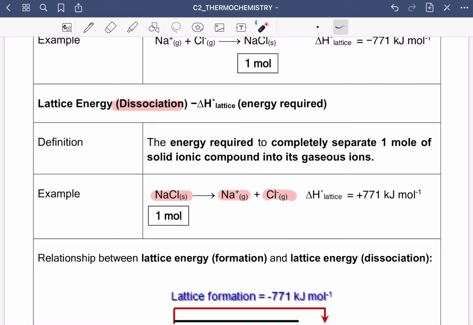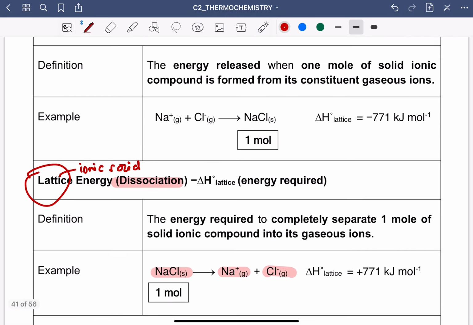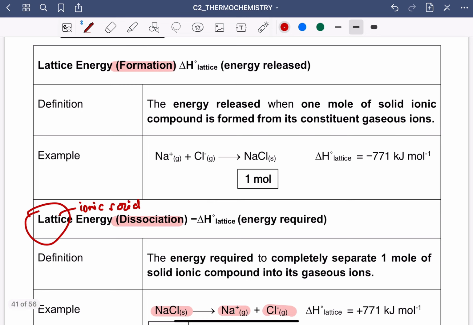The word lattice itself means ionic solid. So, easy to say, the ionic solid breaks and becomes gaseous ions. But when we are talking about lattice energy formation, we are forming the solid, the reverse one: sodium ion gas and chloride ion gas combine together to form sodium chloride.